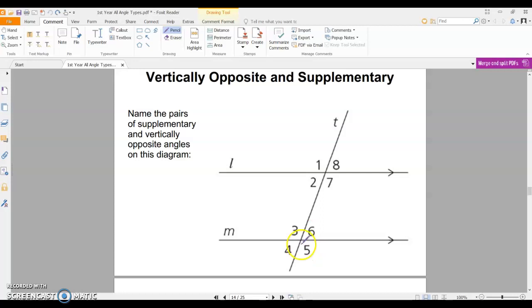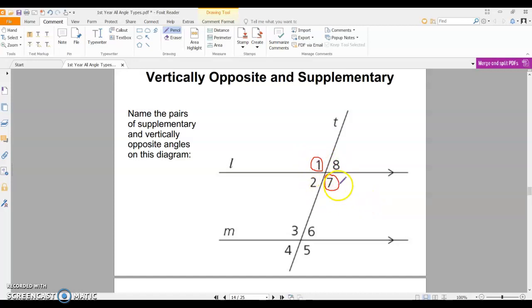All right, let's find all the pairs of vertically opposite angles as well. So remember, your vertically opposite angles, you're looking for that X shape where two lines intersect, and it's the ones across from each other. So 1 and 7 are going to be vertically opposite angles.